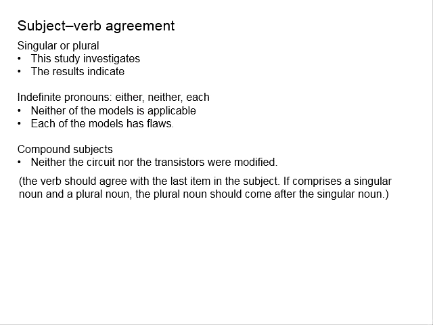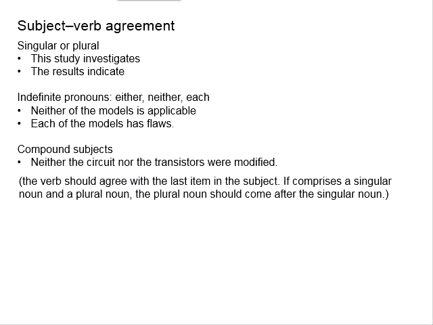Let's say now you are dealing with compound subjects. Within the sentence, there are two subjects, as demonstrated by this sentence here: Neither the circuit nor the transistors were modified. What you see here is that the circuit is singular, the transistors are plural.